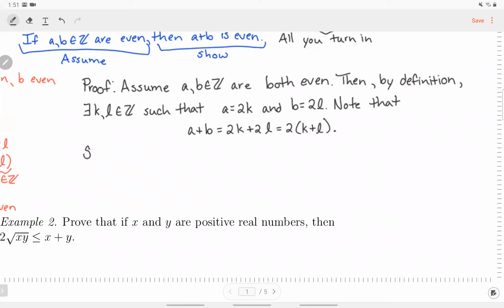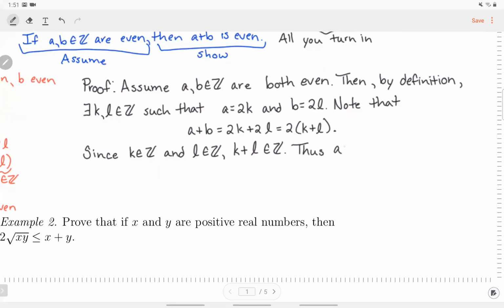So we can say since K is an integer and L is an integer, K plus L is an integer.